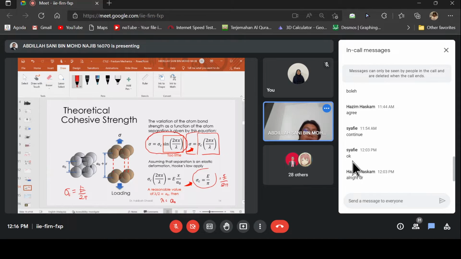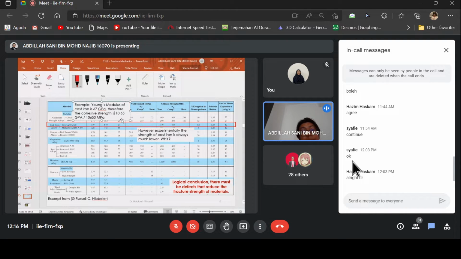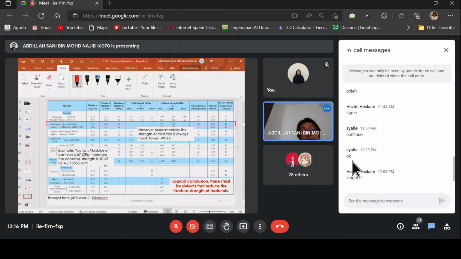So if we look at the materials properties, we pick up one, for example, cast iron. So cast iron, the Young modulus, the E that we calculated just now, is 67 gigapascal.